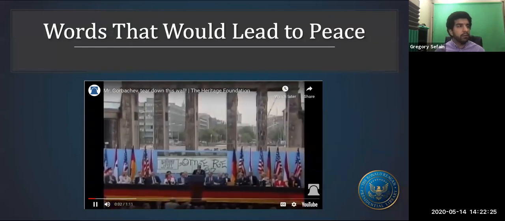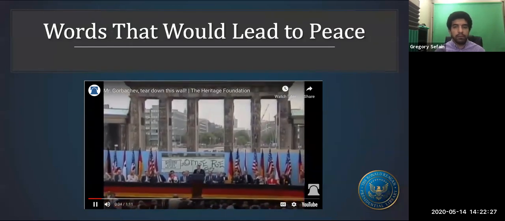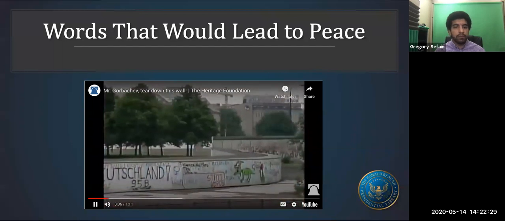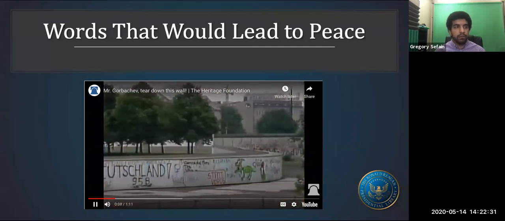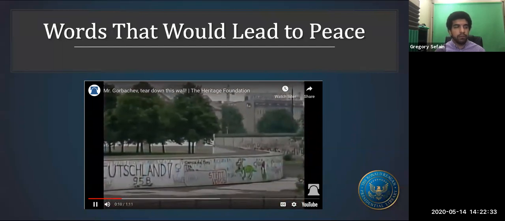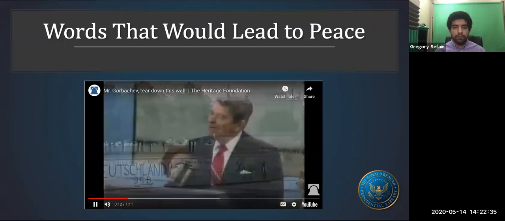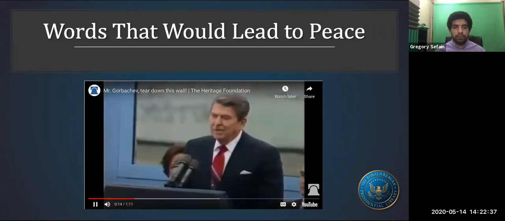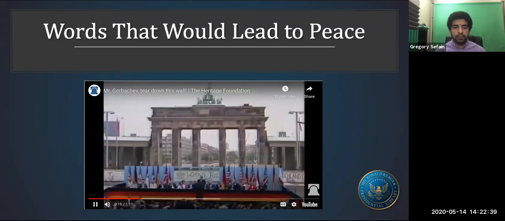Behind me stands a wall that encircles the free sectors of this city, part of a vast system of barriers that divides the entire continent of Europe. General Secretary Gorbachev, if you seek peace, if you seek prosperity for the Soviet Union and Eastern Europe, if you seek liberalization, come here to this gate.